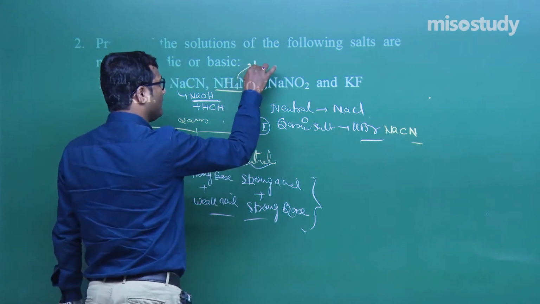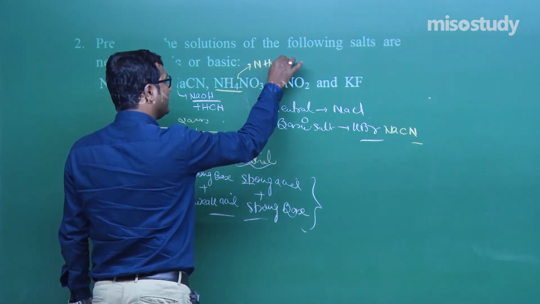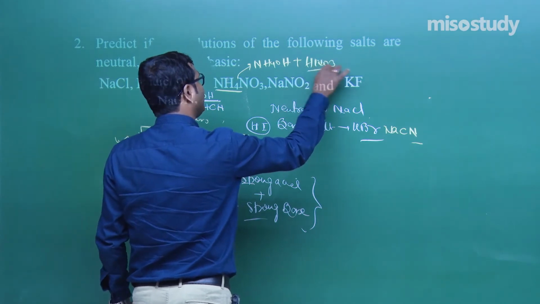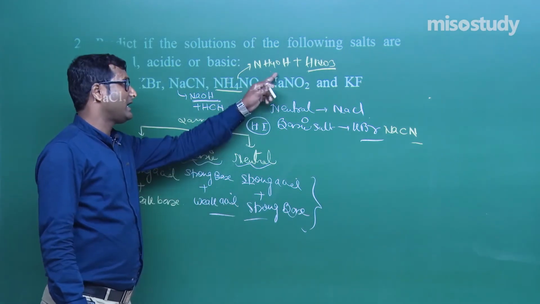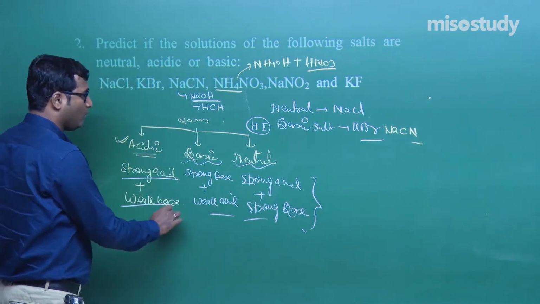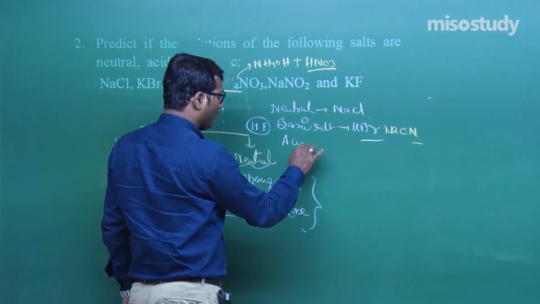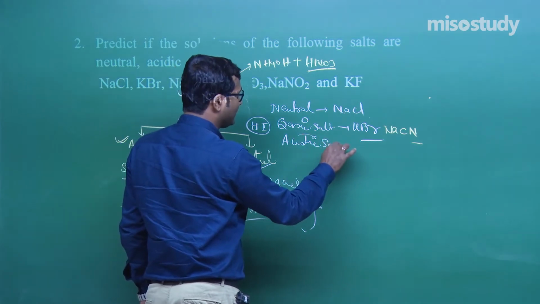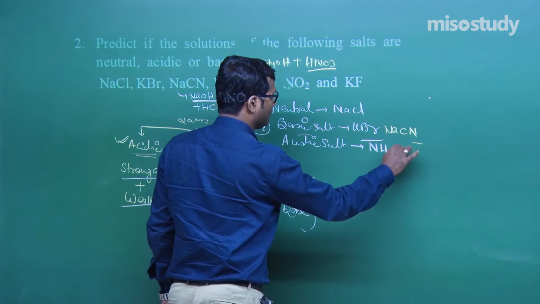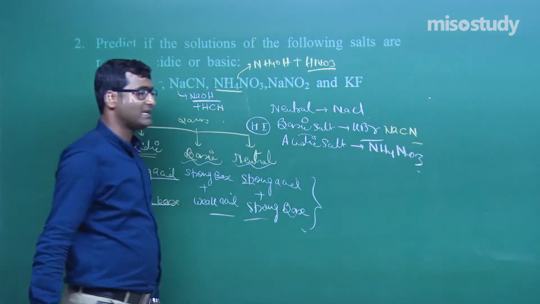NH4 comes from NH4OH and NO3 comes from HNO3. We know nitric acid is a strong acid and NH4OH is a weak base. So this one is strong acid, weak base. So we will say that NH4NO3 is an acidic salt.